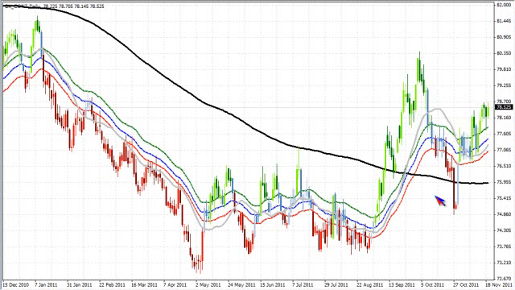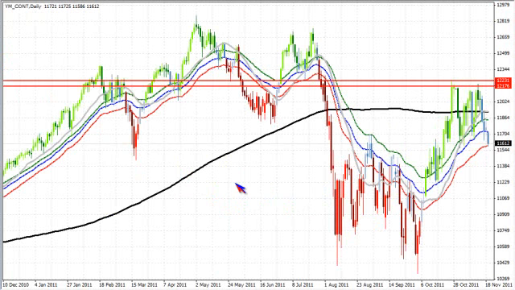I think the key today, though, to whether or not we're going to see that movement higher on the dollar, lower in crude, is the Dow Jones Industrial Average.